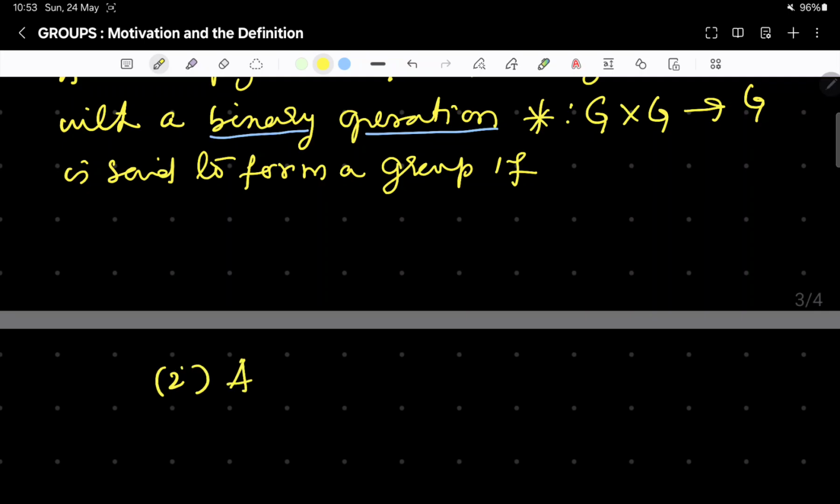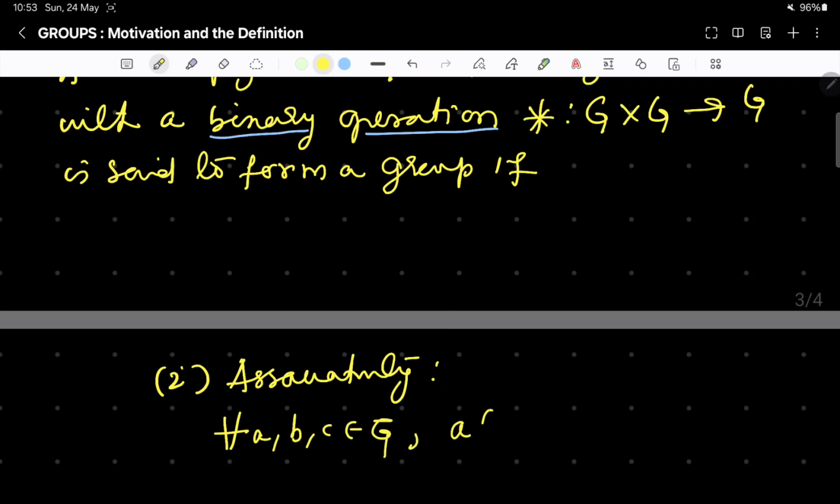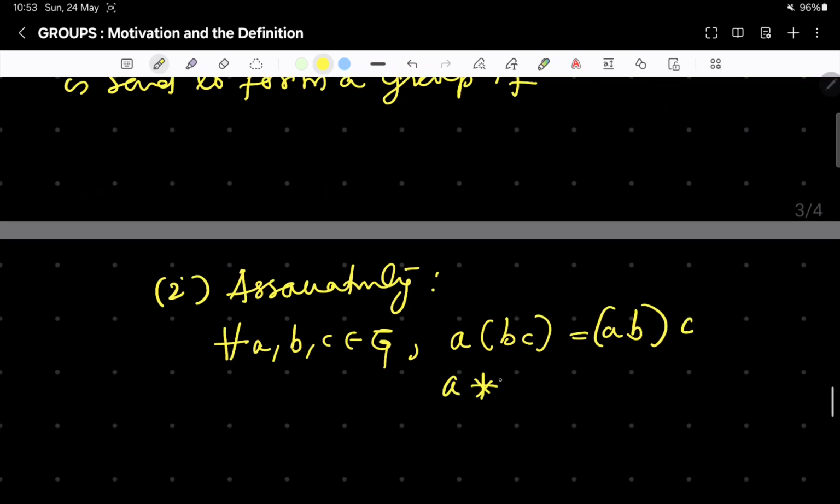We observed associativity, right? So associativity. Now we are generalizing, it's not only for integers. So how do you generalize? For every a, b, c inside G, we have (ab)c equal to a(bc). That means if you do the operation bc first and then with a, that is equivalent to doing ab first and then with c. So here actually this is written as (a star b) star c equal to a star (b star c), right?